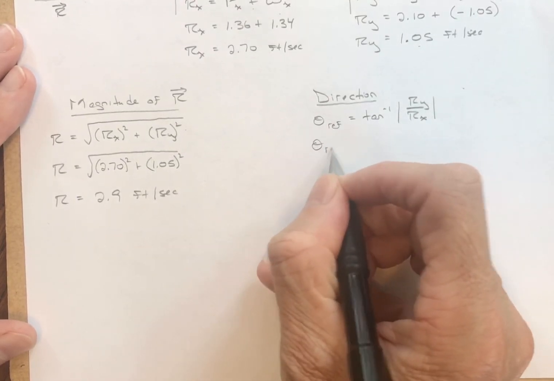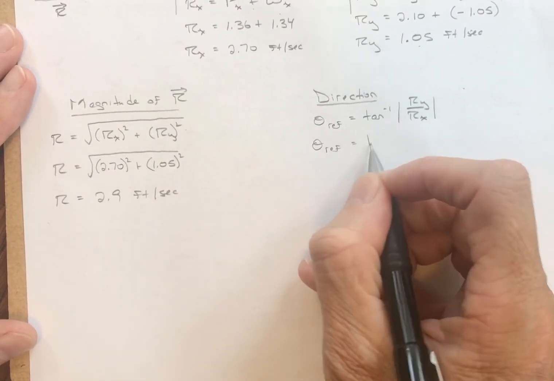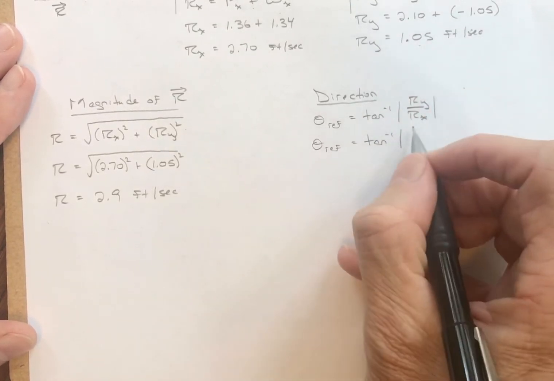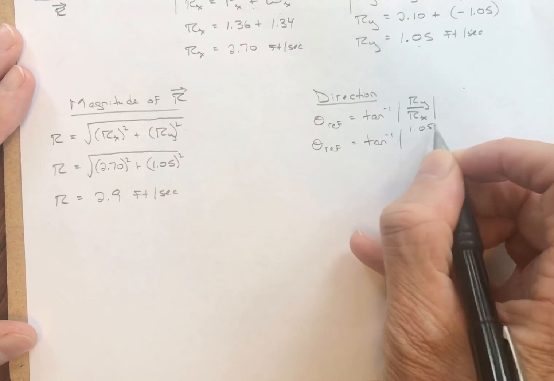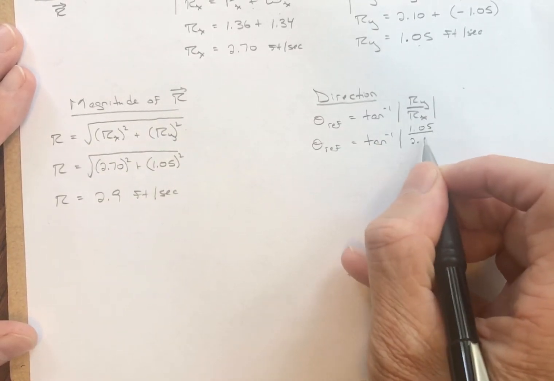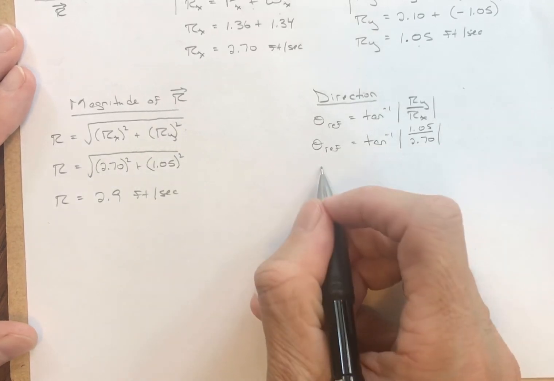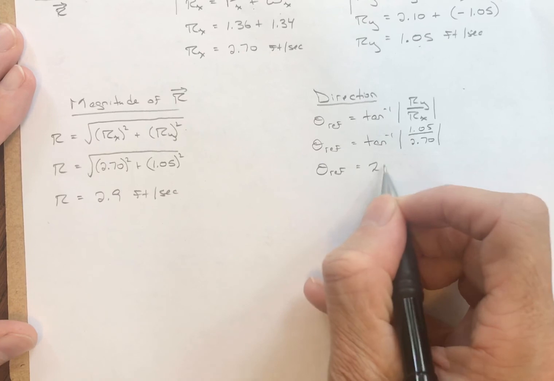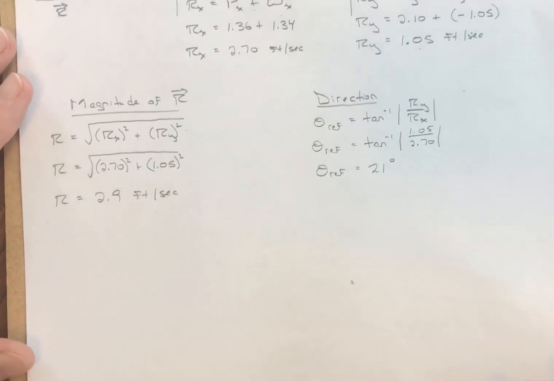So the reference angle's measurement is the inverse tangent of the absolute value of 1.05 divided by 2.7. Into a calculator that goes, and out comes 21 degrees.